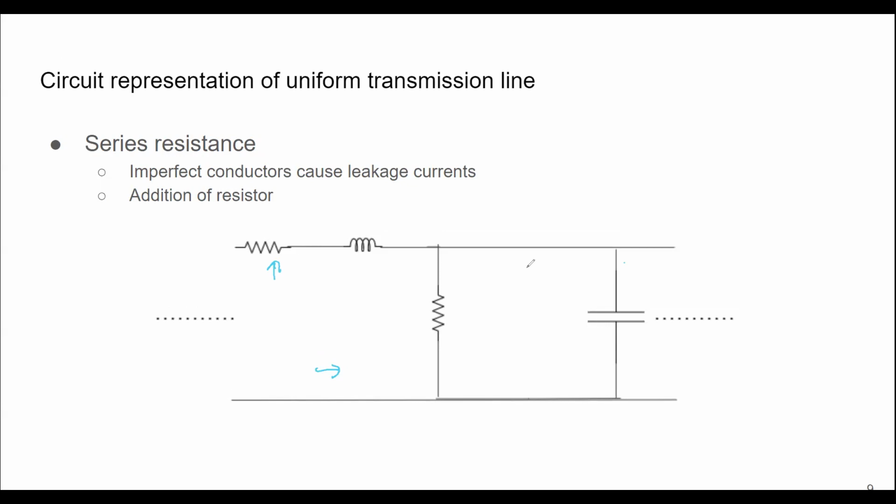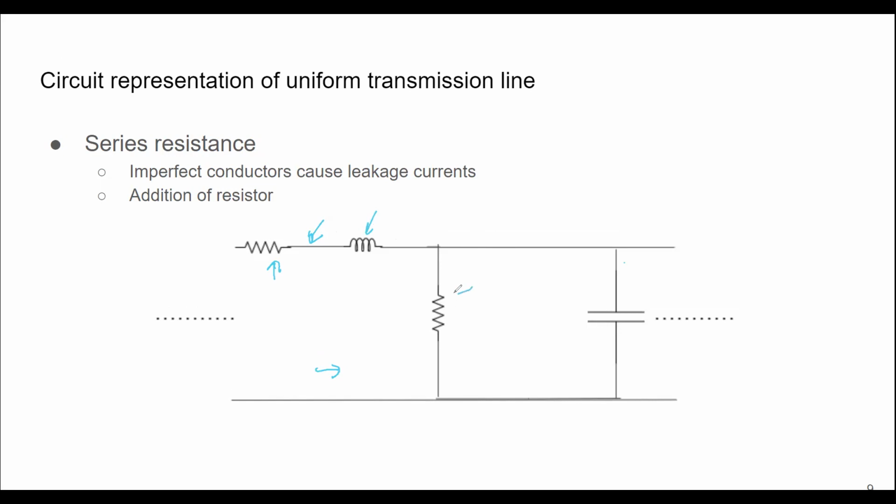In summary, we have added a series resistor in order to represent the imperfection of the conductor, and then we have added the inductor in order to show the magnetic induction due to the current flowing across the metal wire.